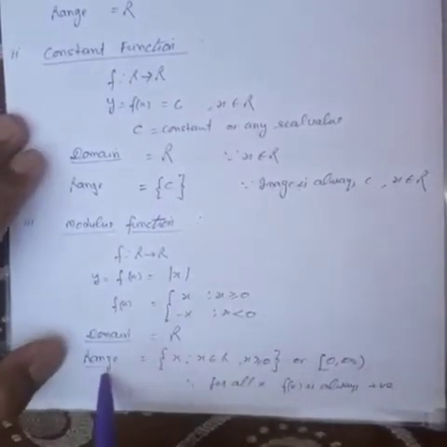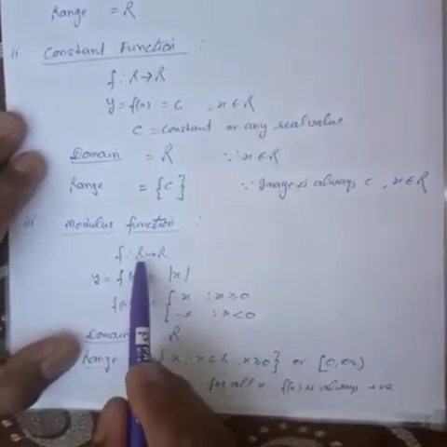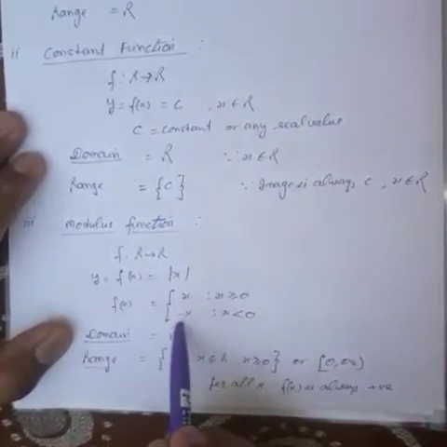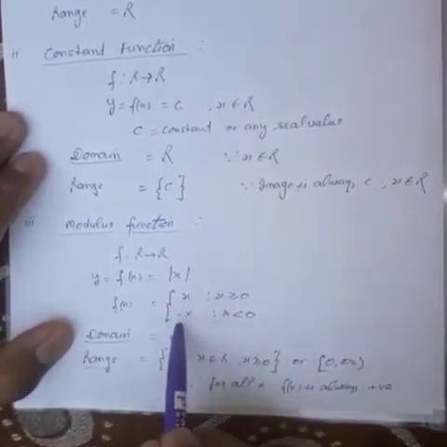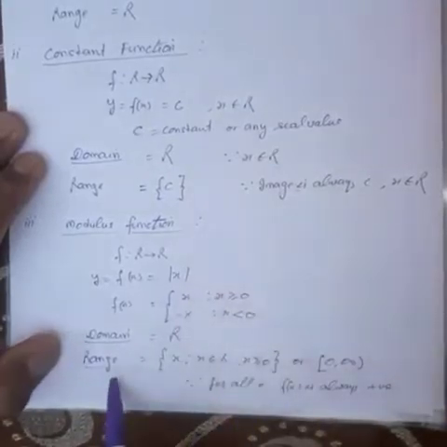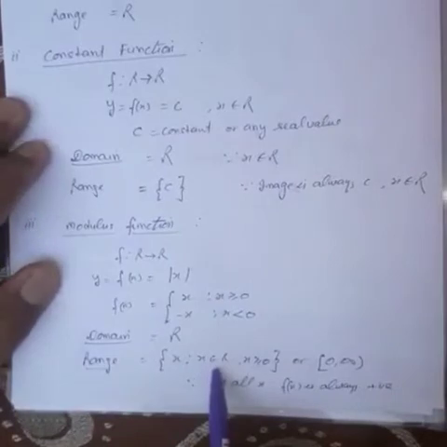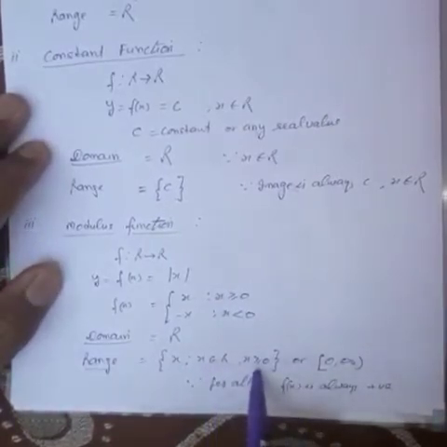As far as the range is concerned, the image of all x in R is always a positive real number. f(x) is always non-negative. So therefore the range is the set of all y where y is any real number and y is greater than or equal to 0.